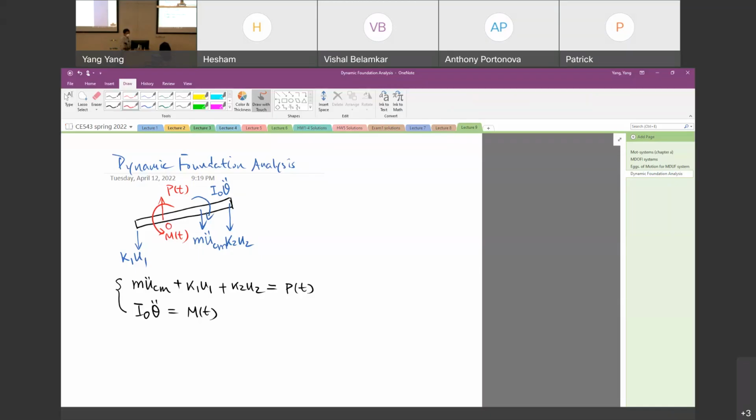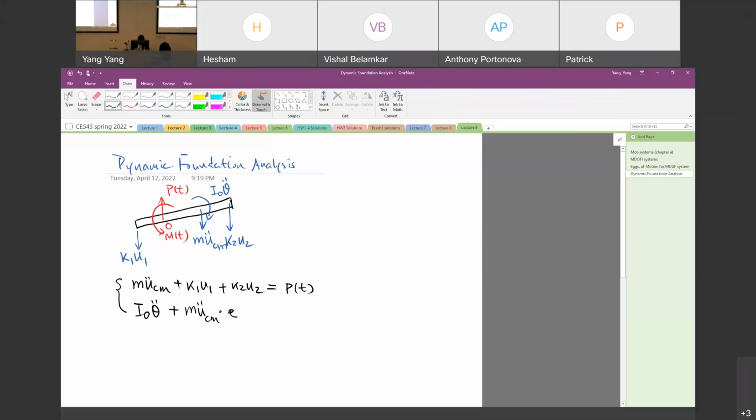Yes, M times the acceleration of the center of mass times the moment arm. What is the moment arm here? That's the eccentricity E. We use the E. Very good.